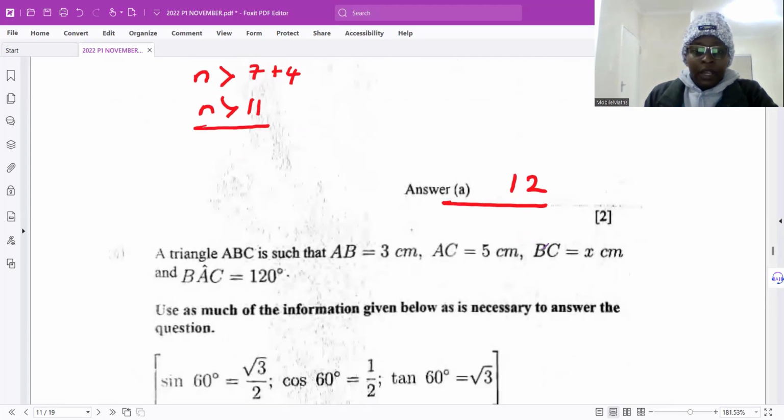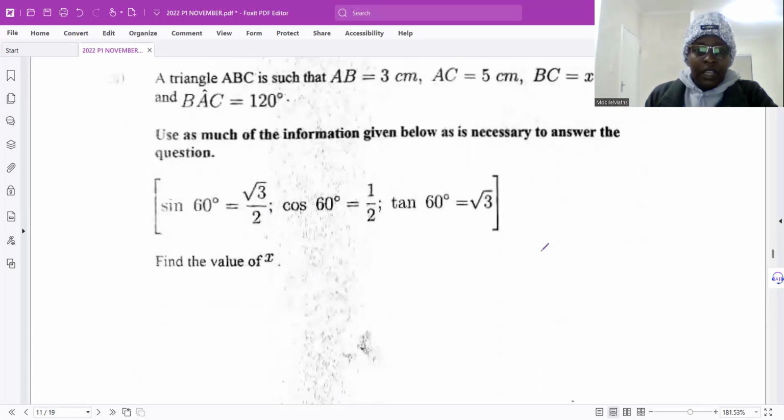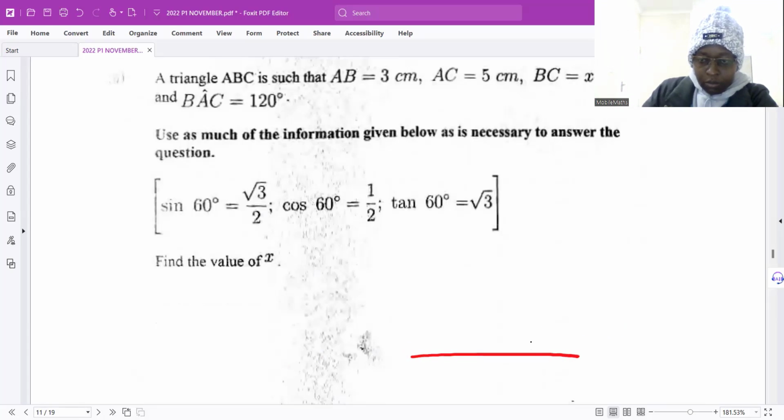Okay. Next part, a triangle ABC is such that AB is equal to 3. Then there's an angle there. Let's try to redraw this triangle. So this is something like this.